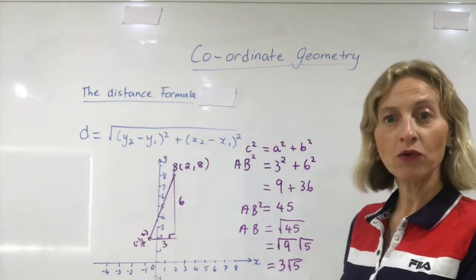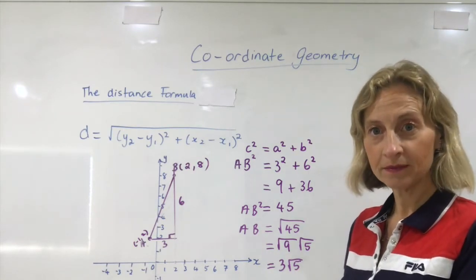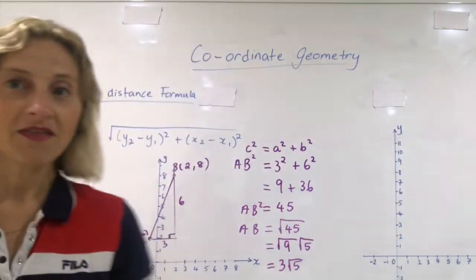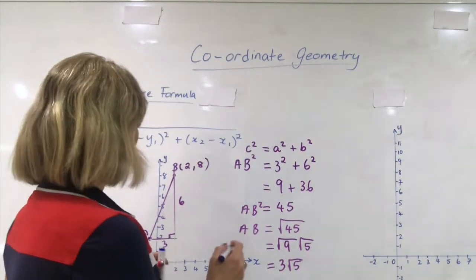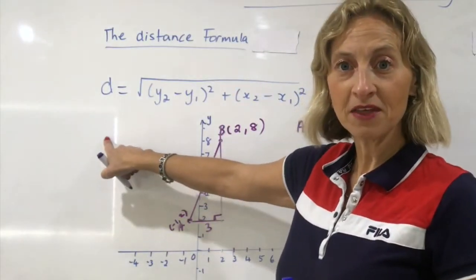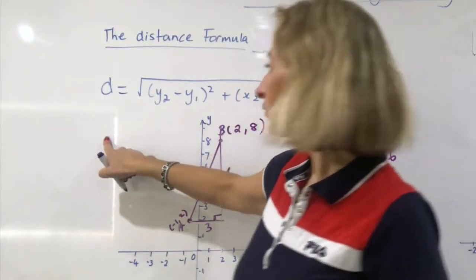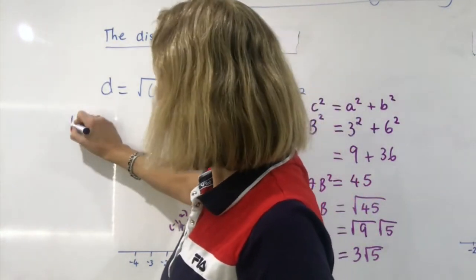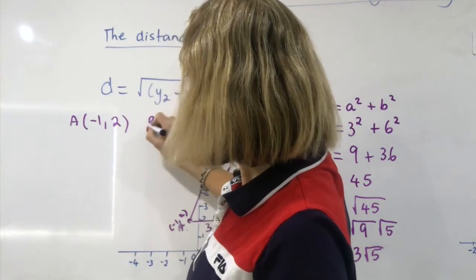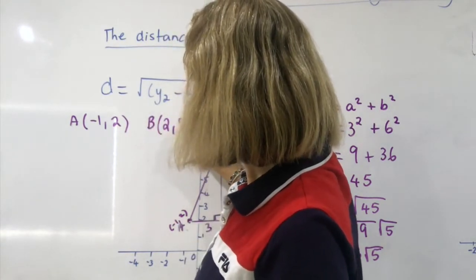Of course, we could have just used our formula. If we substitute just straight into the formula, and there's nothing wrong with doing that, then what would I have had? I can come over here and do exactly the same thing just by substituting into the formula. My 2 points are A is (-1, 2), and my point B is (2, 8).